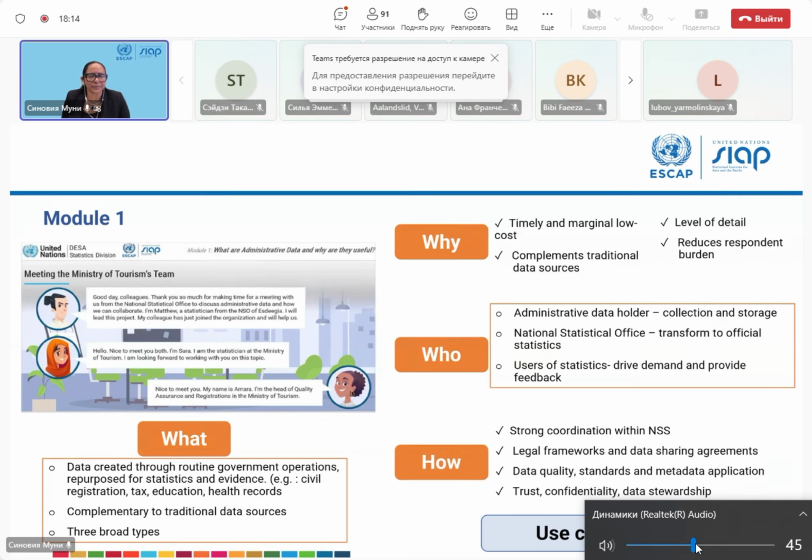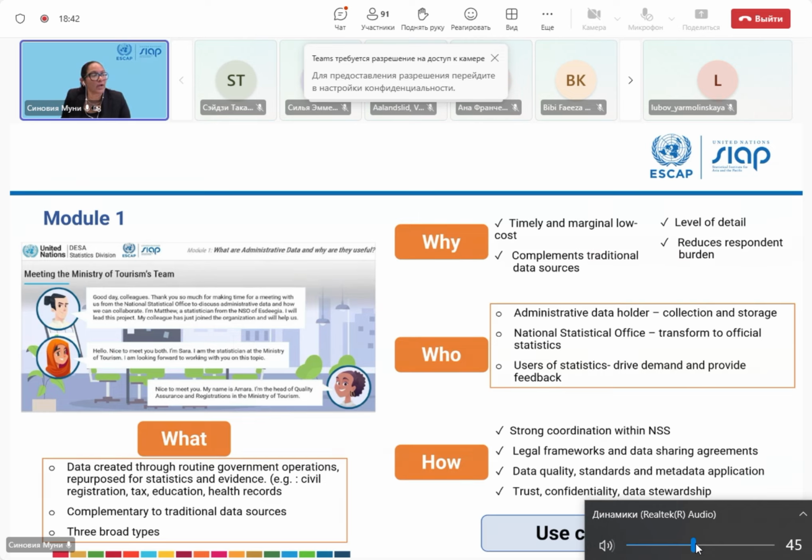In the module, we also delve a little more deeply into the enabling conditions and the factors that are necessary to support the use of administrative data. We emphasize things such as strong coordination within the National Statistical System, and the existence of clear legal frameworks that support data sharing between the data holders and the national statistical producers.